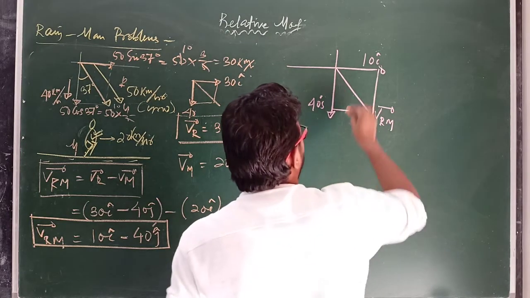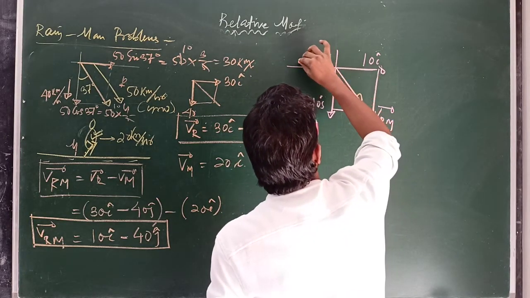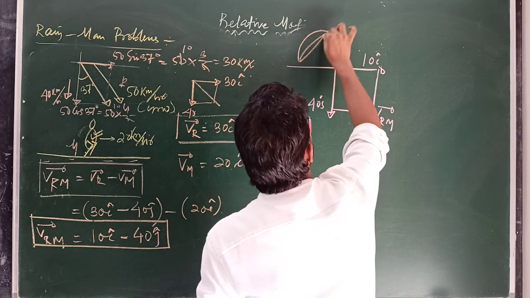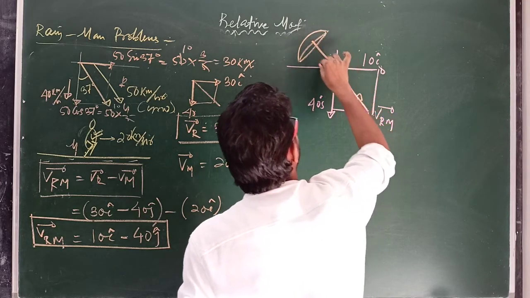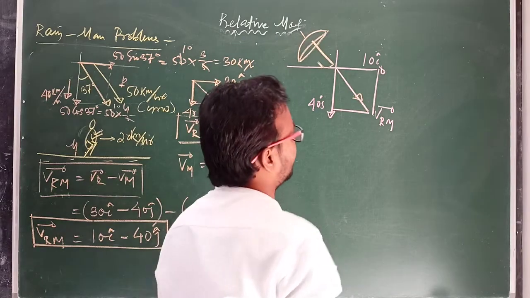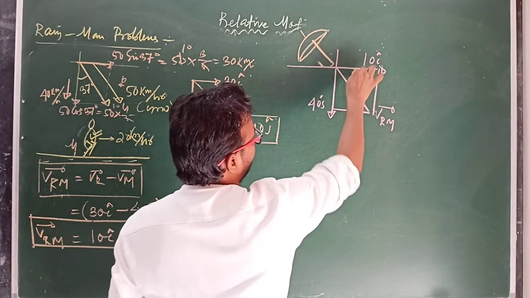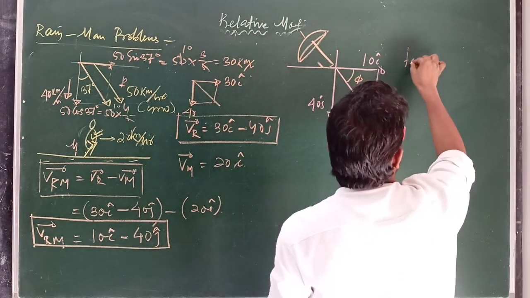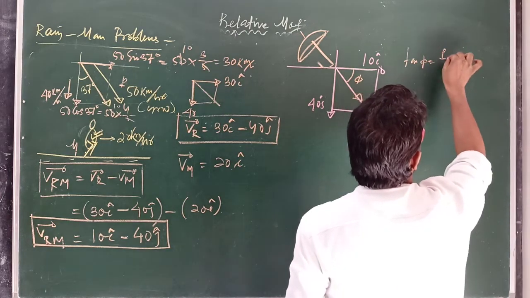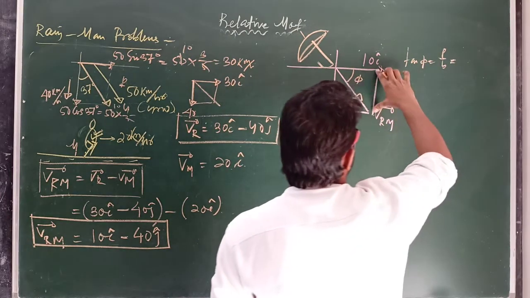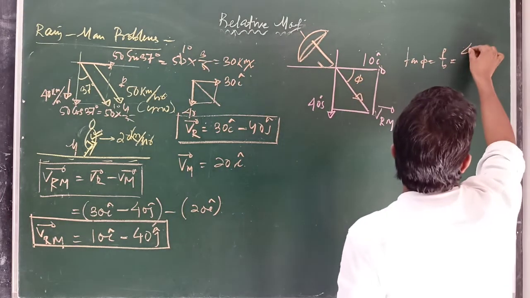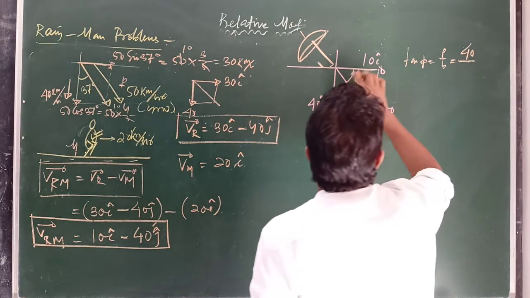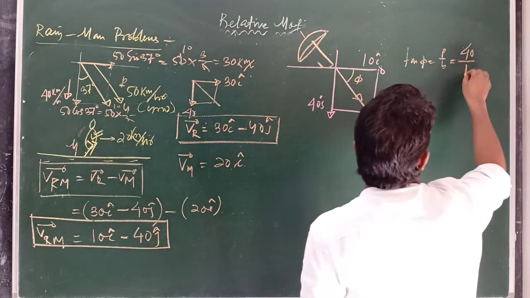Clear? So in this case the man has to hold the umbrella in this direction so that he can protect himself from the rain. Clear? And suppose this angle is phi, then how can we find it? Tan phi equals perpendicular upon base. This is perpendicular, this is base, perpendicular is 40 and base is 10, so 40 by 10, that is 4 by 1.